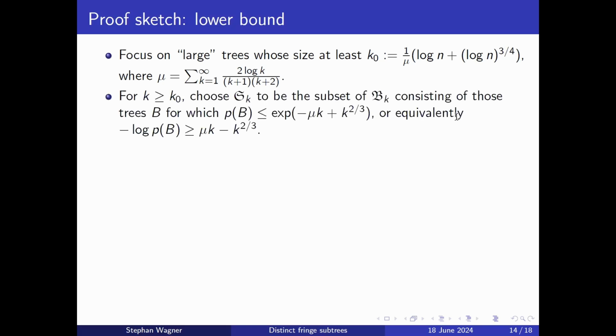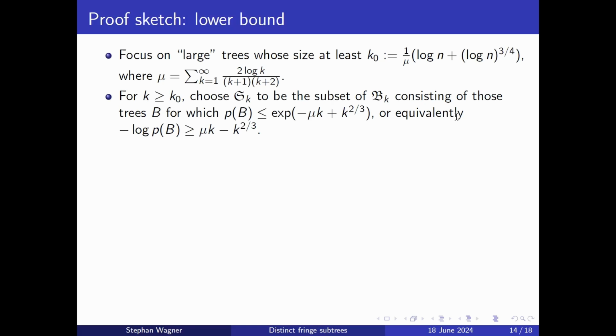And then for any k greater than or equal to this k naught, you choose a very specific subset of binary trees, Sk, namely all those trees where the probability to occur, sort of as a random binary search tree, is bounded above by this quantity, and it's maybe more natural to rewrite it like this.